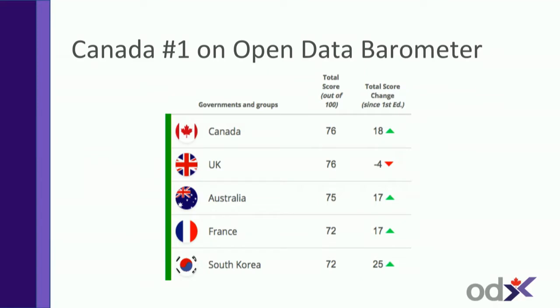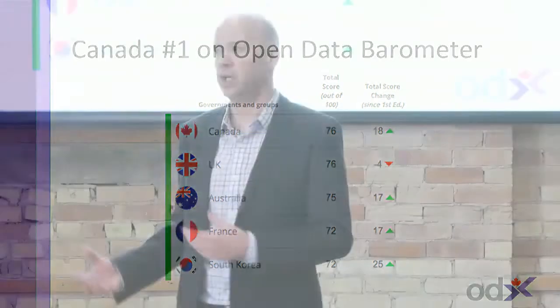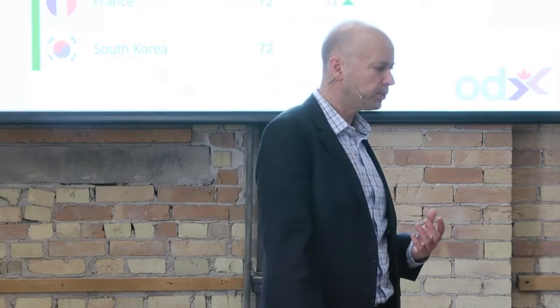Which I think is a huge testament to the work that's been done in this country in terms of governments understanding what businesses need in terms of their open data requirements and working towards advancing the things that they're doing to make more data available. But on the flip side, it's also the private sector taking advantage of this information that is being made available, diving into it and taking advantage of that opportunity that's being presented to them.